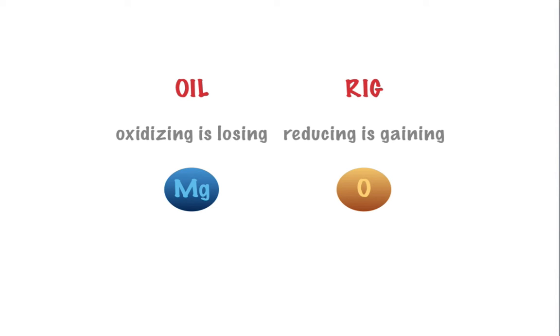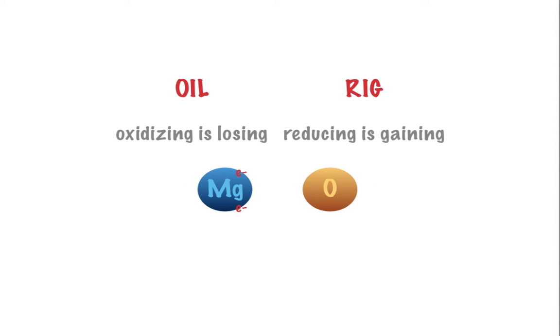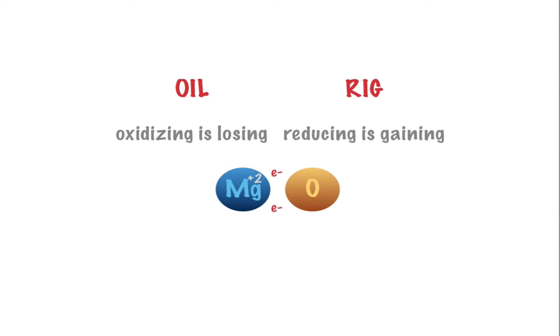So in this case with magnesium, I have magnesium here and I have oxygen about to combine, and as they get closer and closer together, oxygen is going to attract those electrons. Okay? And as those electrons get closer and closer, magnesium will now gain a +2 charge, and oxygen will gain a -2 charge.